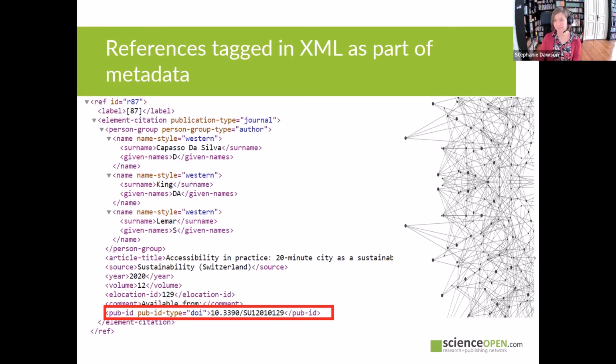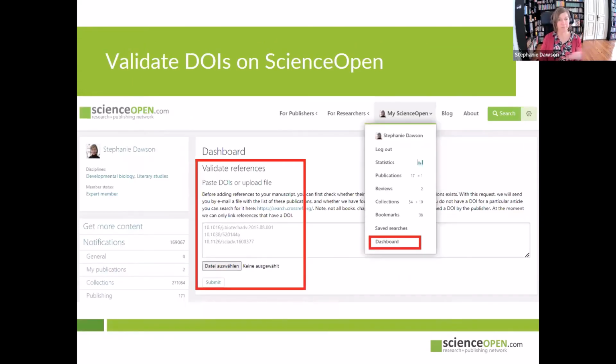So on ScienceOpen, we have added a new feature that allows you to validate the references on the platform. So your authors can search for DOIs at Crossref. There's a really nice search interface. They can search on other platforms.